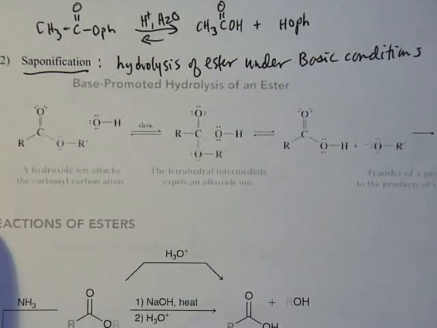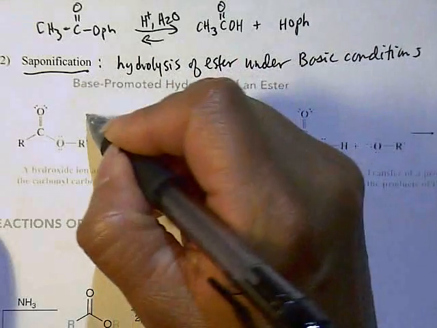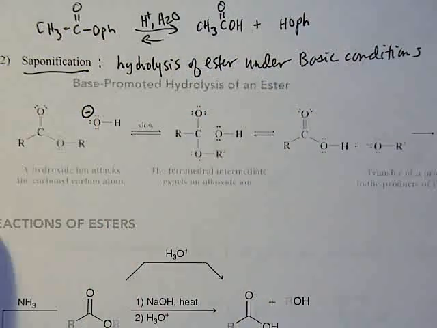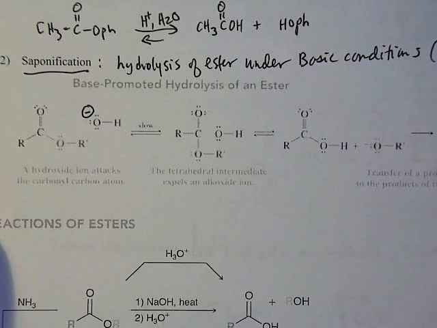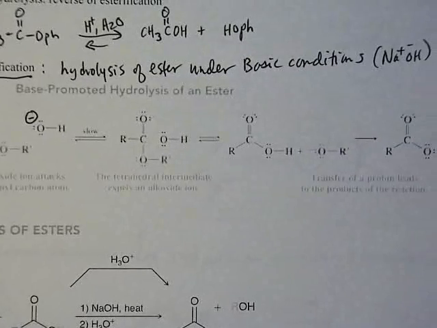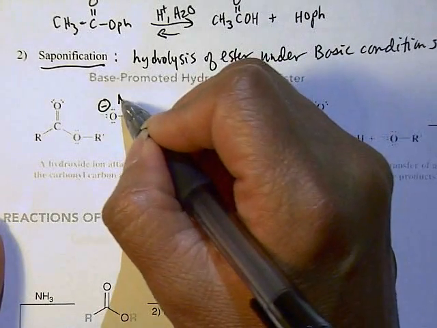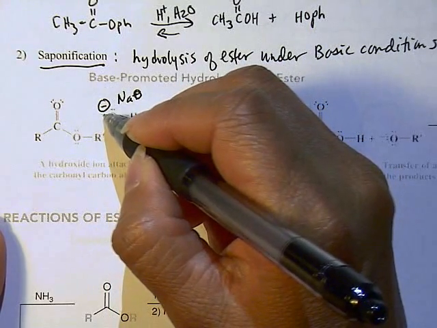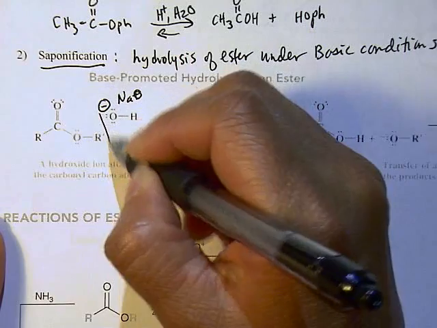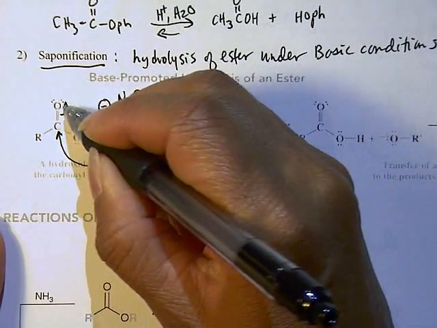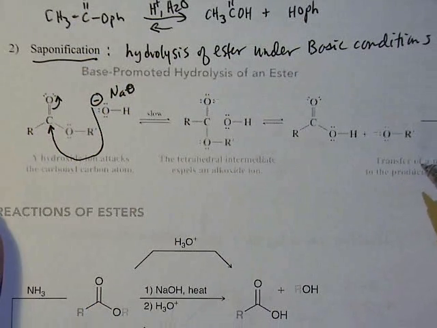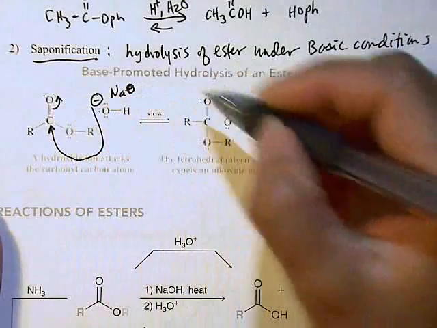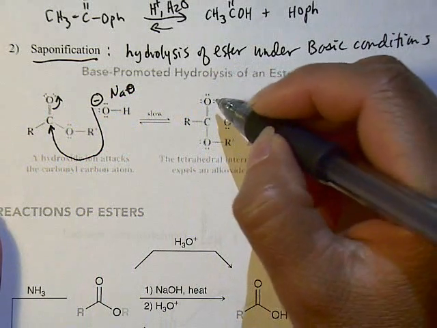So you're not going to protonate it first. What's going to happen is that basic conditions are often sodium hydroxide or potassium hydroxide, so you're going to have a base around. So here's an example of a base. And because it's a very good nucleophile, it's going to right away be able to attack the C double bond O and break open the C double bond oxygen to form this intermediate.